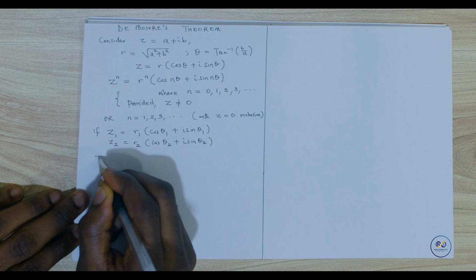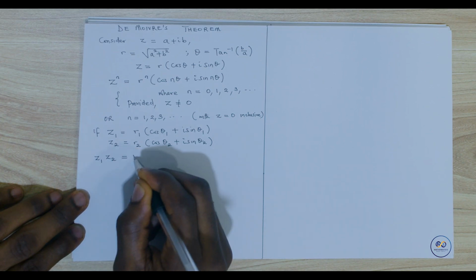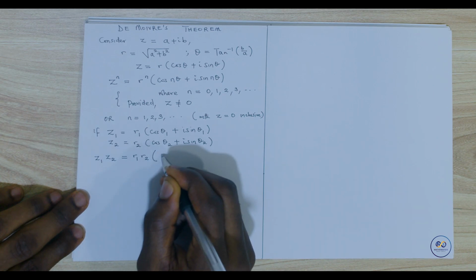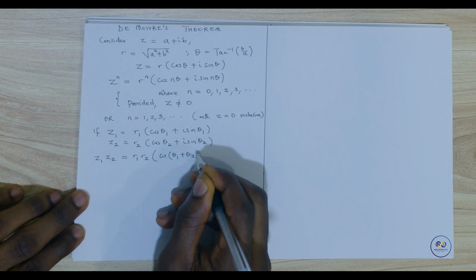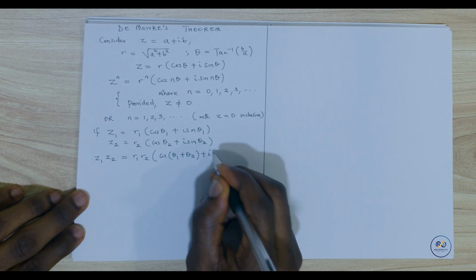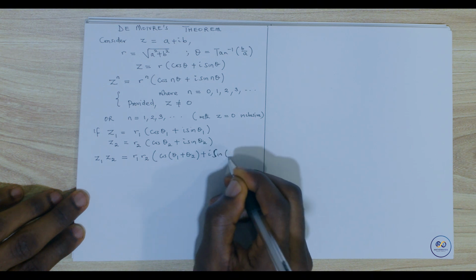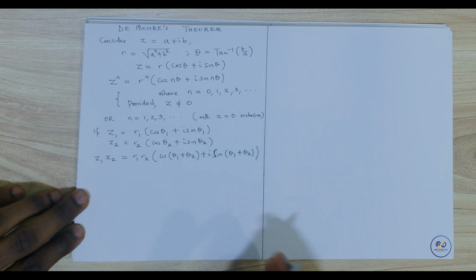We will then have that z1 multiplied by z2 would be the same thing as their moduli multiplying each other into cos of theta 1 plus theta 2 plus i sine of theta 1 plus theta 2.